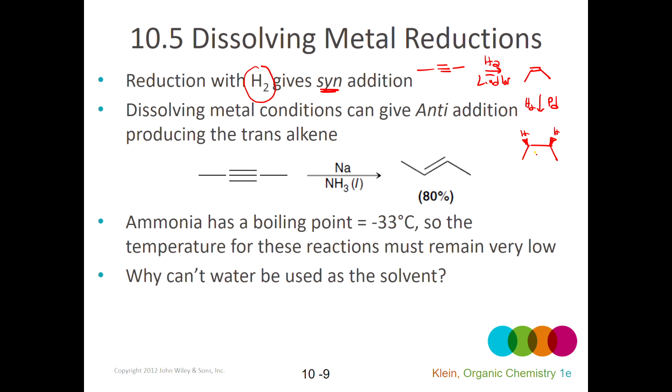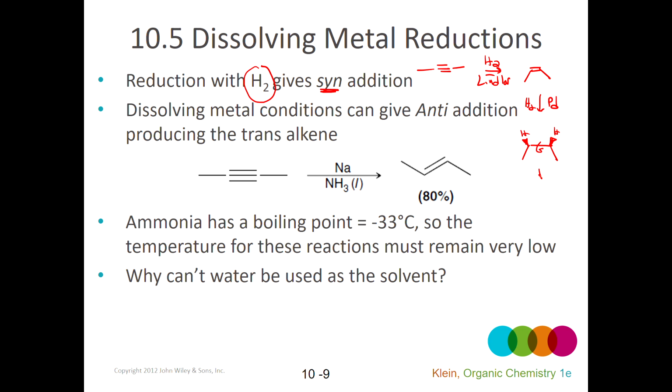In that case, the single bond would immediately rotate to avoid eclipsing and torsional strain, but the hydrogens are still adding to the same side of the pi bond. So I'm still getting syn addition anytime I use H2, whichever catalyst is present.